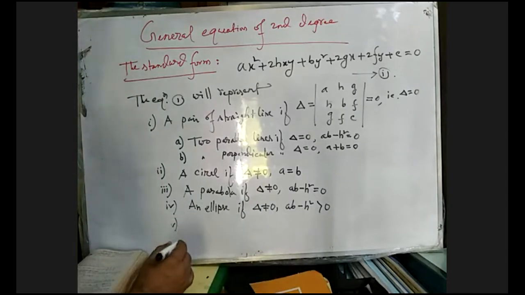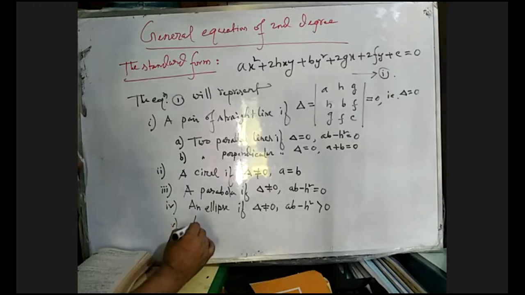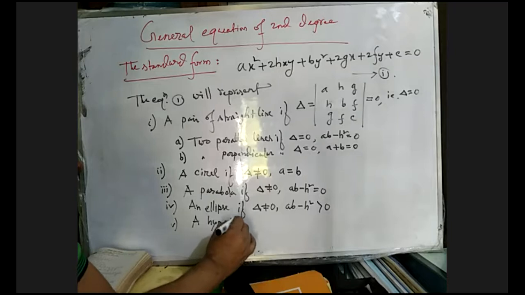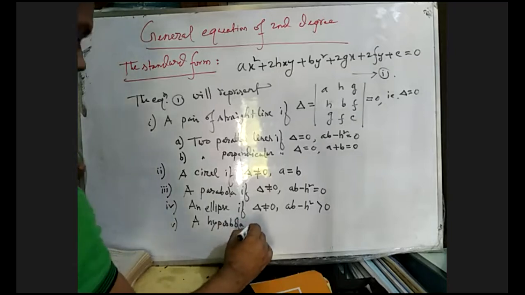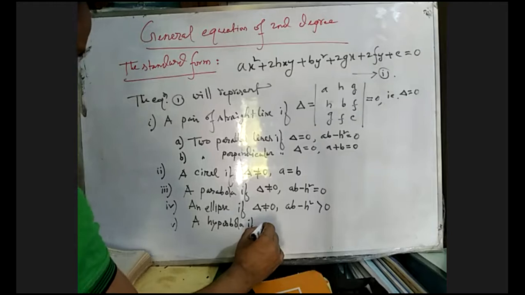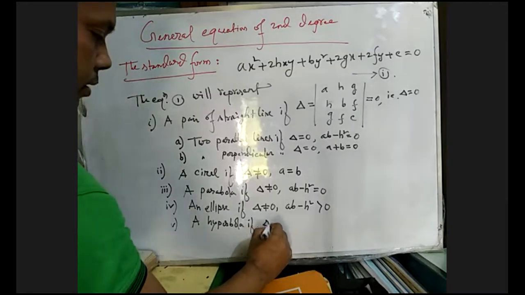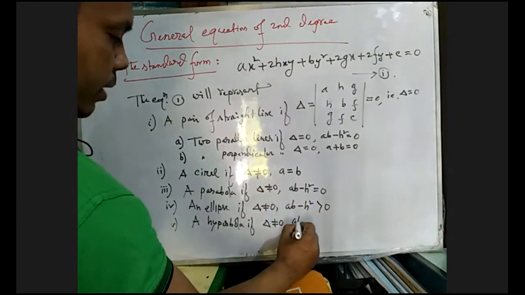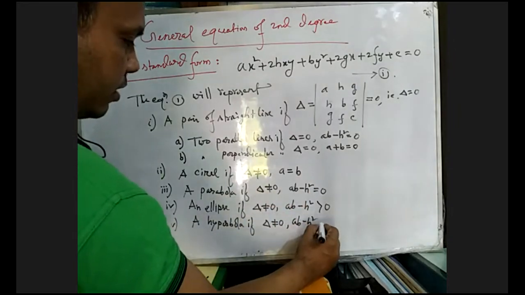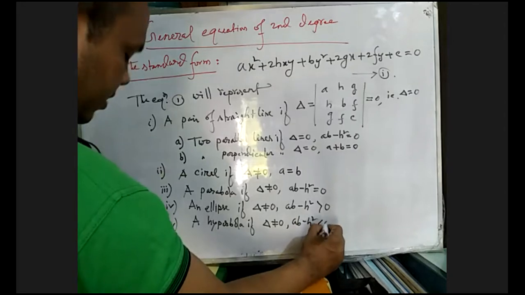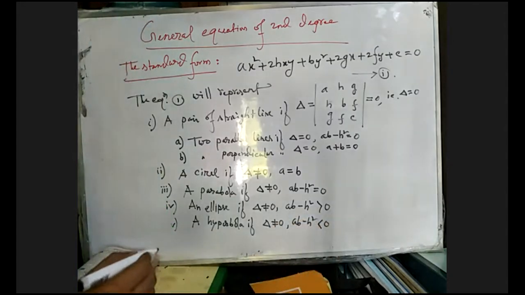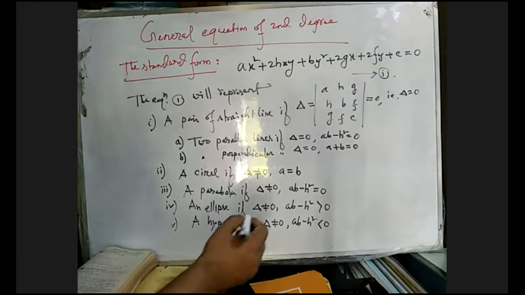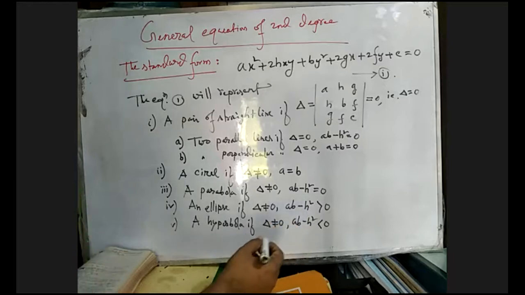And at last, a hyperbola, if this determinant is not equal to 0 and the discriminant ab minus h square is less than 0.